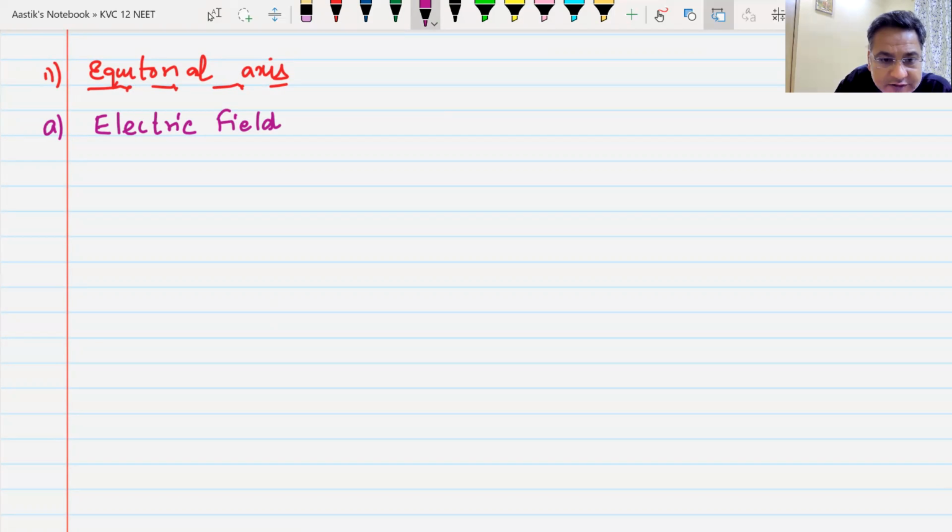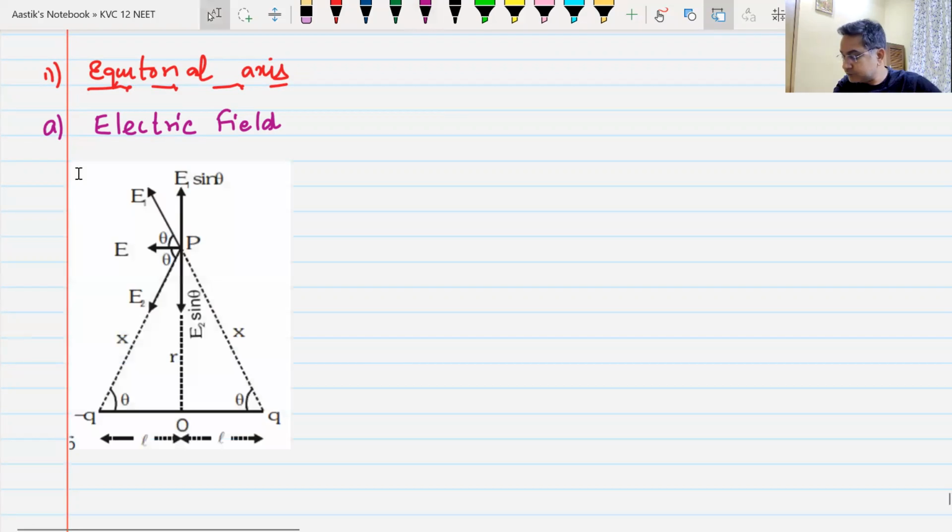I'll show you that diagram. The diagram is here. This is the diagram of the equatorial axis.